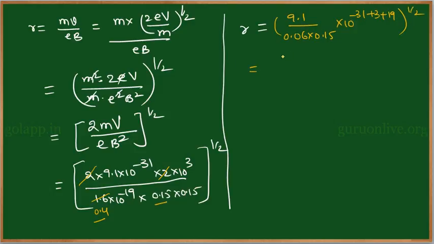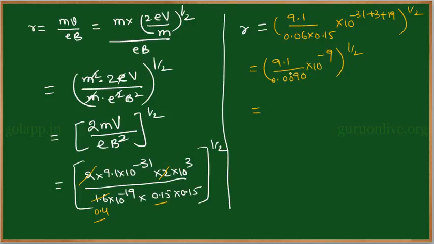That is equal to 6 15s are 90, and you need to put it after 4 digits, so you will get 9.1 divided by 0.0090 into 10 to the power of minus 9, whole to the power of half.